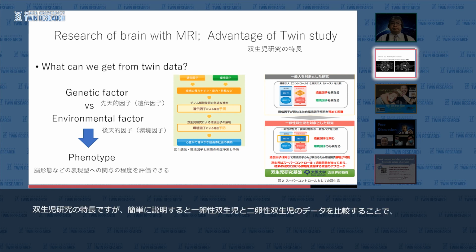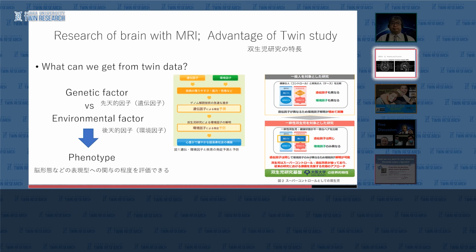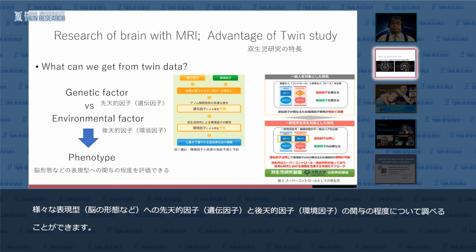Regarding the advantages of twin analysis, what can we get from twin data? In summary, comparing dizygotic and monozygotic data can reveal which or how much genetic or environmental factors contribute to the phenotype, such as brain structure.